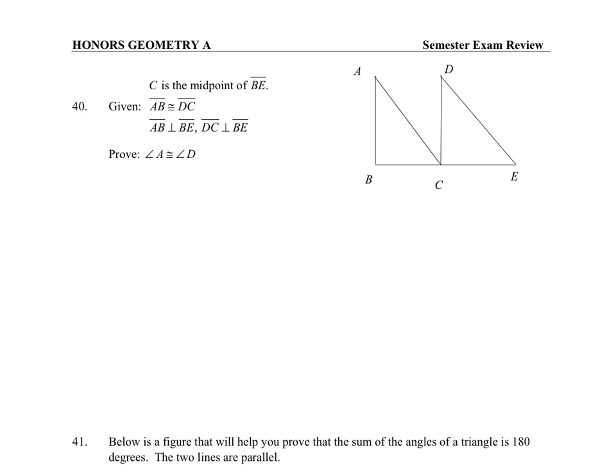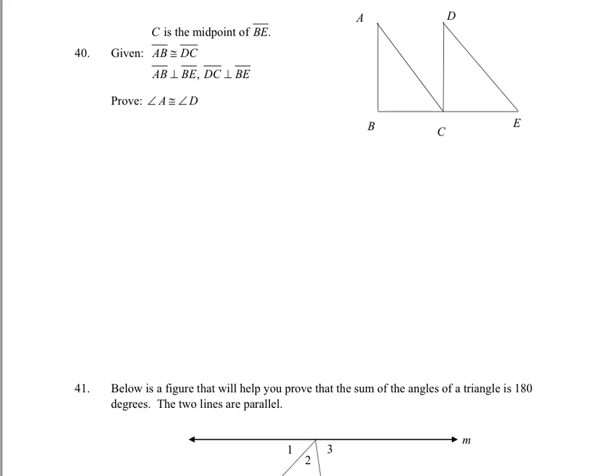Question 40. All right, we are given that C is the midpoint of BE, which we know means that BC is going to be congruent to CE. We're also told that AB is congruent to DC.